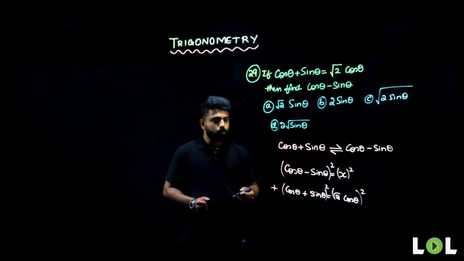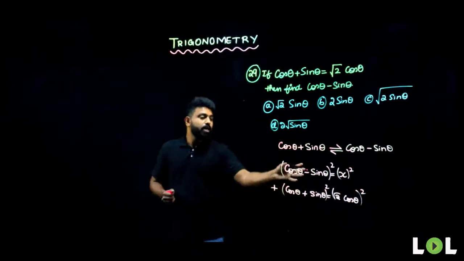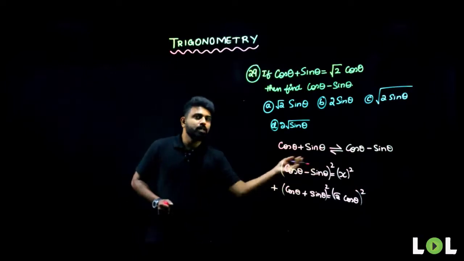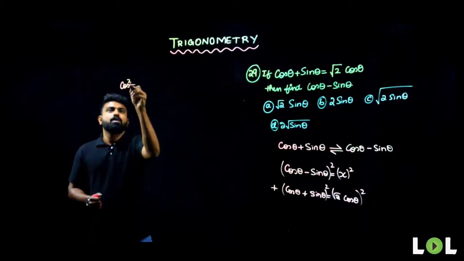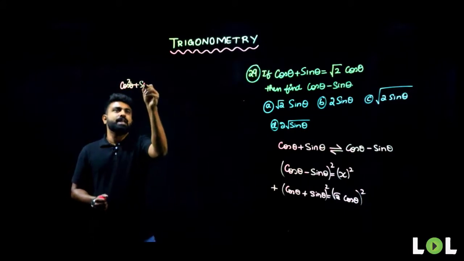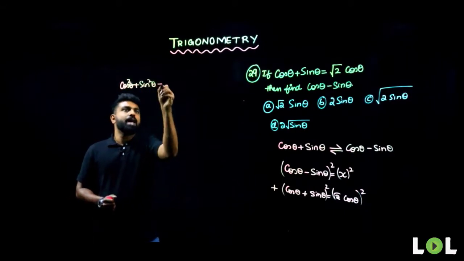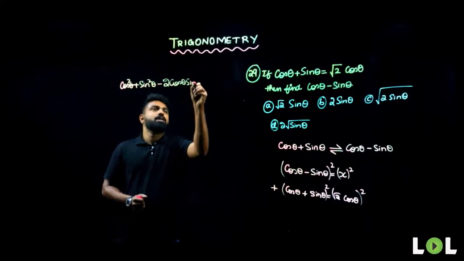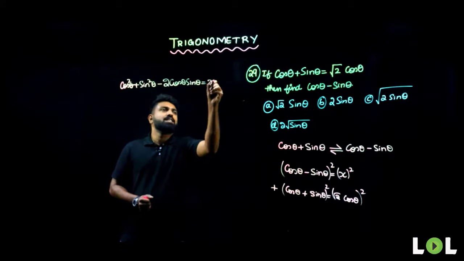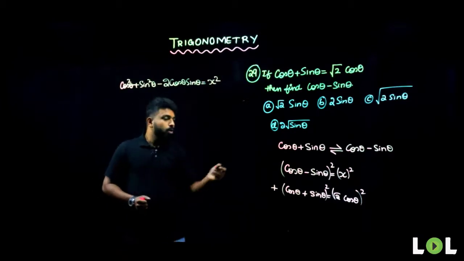If I add both of them, what will I be left out with? Cos theta minus sin theta, the whole square, is nothing but cos square theta plus sin square theta minus 2 into cos theta sin theta. That will be equal to x square. Now, what do we have next?